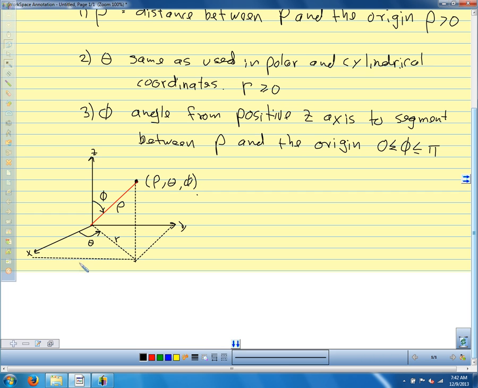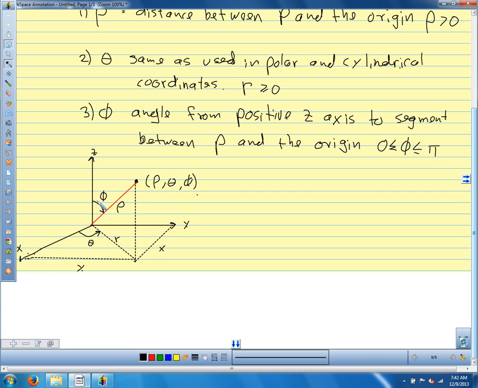And this distance would be x, and this distance would be y, and this distance would be z. I'll extend my axis out here a little bit so this line actually intersects.